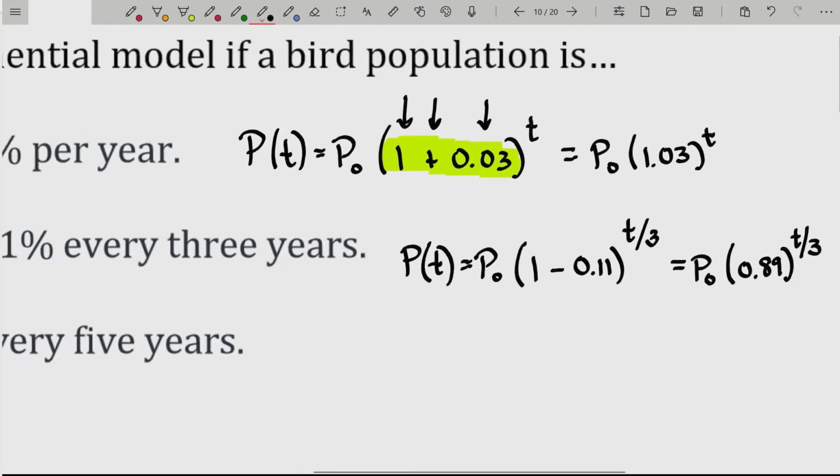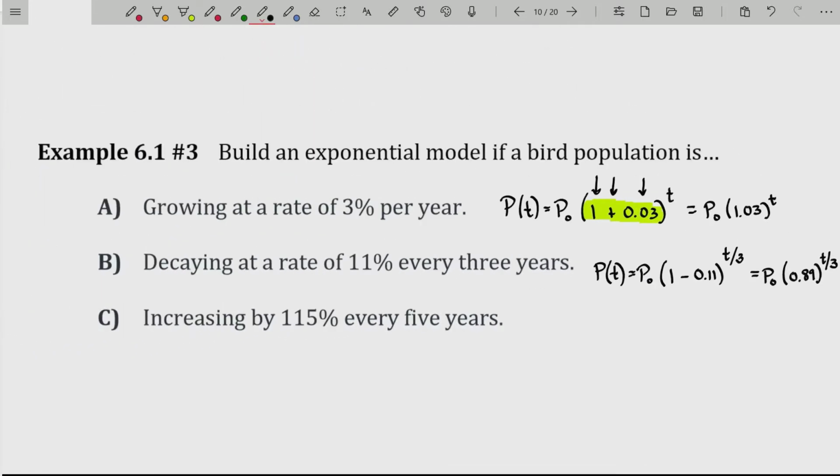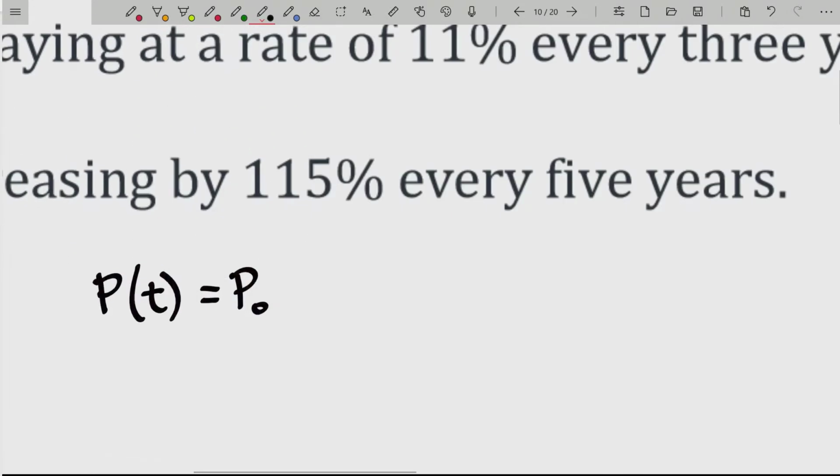And finally, we have a bird population that's increasing by 115% every 5 years. So this is often done wrong by people. So we have a population, and here we have the initial population. It's increasing, so you get to keep the previous year's population, and you're increasing it by 115%, not by 15%, but by 115%. And that happens every 5 years.